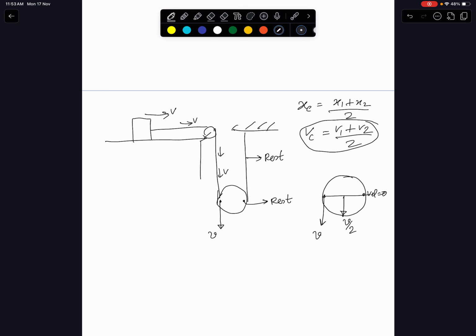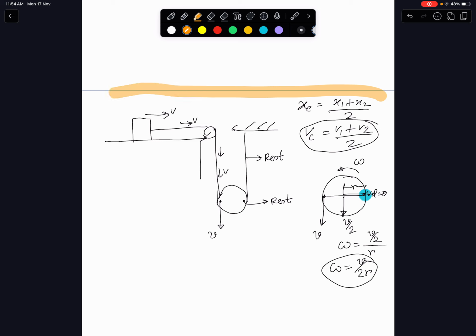So this point with velocity 0 becomes the instantaneous axis, and with radius r, omega will be v by 2 divided by r, so omega is v by 2r. This is the key part in the problem.